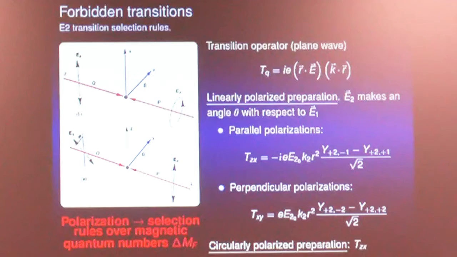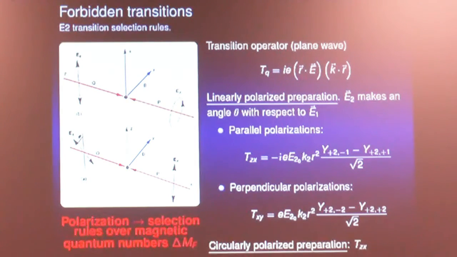The dependence on the polarization can be explained here. We have this transition matrix element, and if we choose linear polarization for the preparation laser, and we set the z-axis along the electric field vector, and then we allow the linear polarization of the electric quadrupole producing laser, then there is a very strong dependence on the relative direction of this vector with respect to this one.